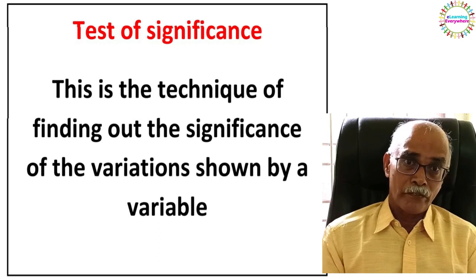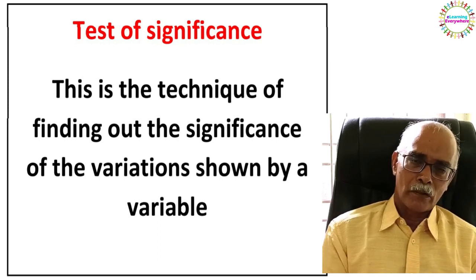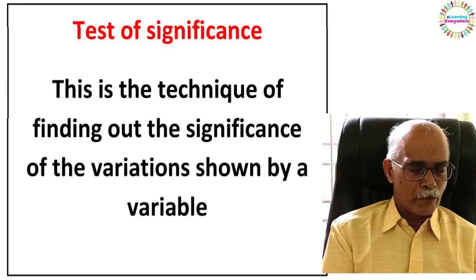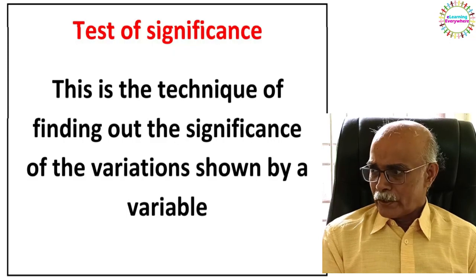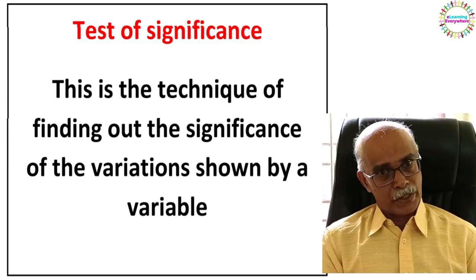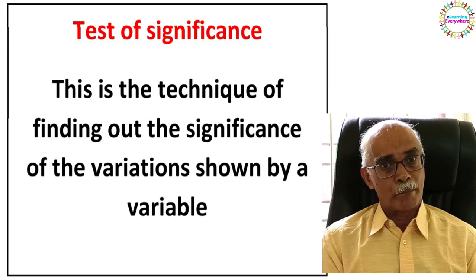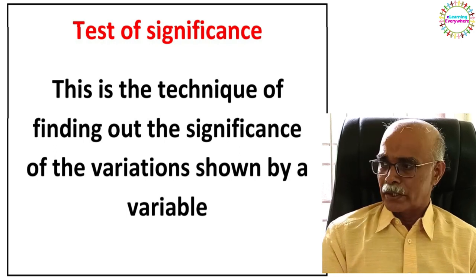For example, mean and standard deviation, or mean and variance are to be calculated first. And after that, you have to decide a particular test that can be used for that particular purpose, in that particular case. And in statistical interpretation, usually, at the time of testing significance of variation, we make certain hypotheses.